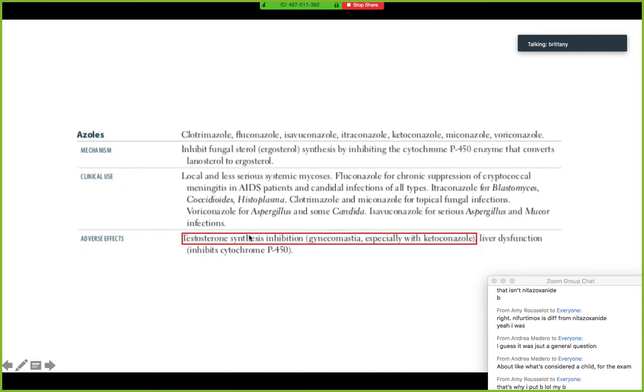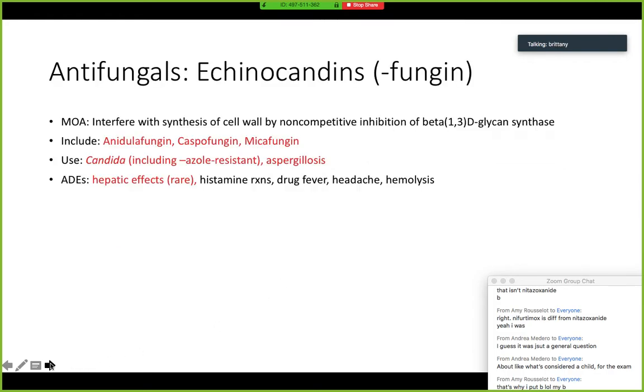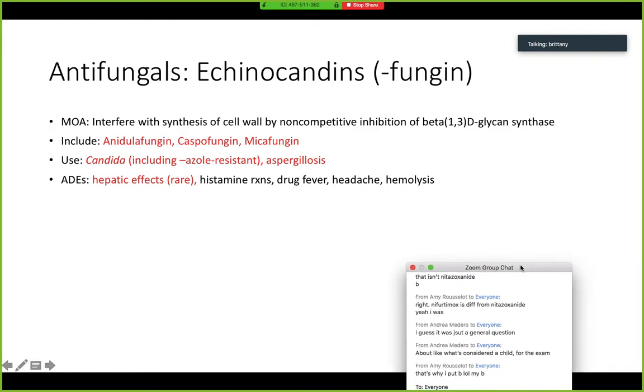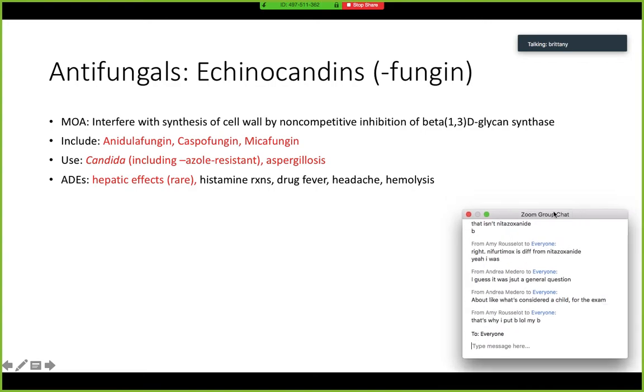Okay, yeah, so First Aid definitely points out the gynecomastia and ketoconazole. Okay. So the echinocandins, make sure you know everything that treats candida and then also aspergillosis.